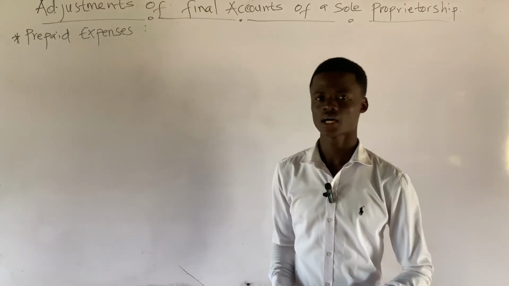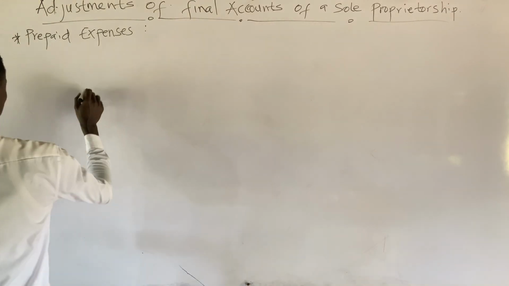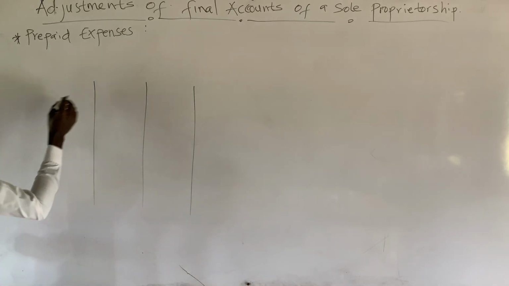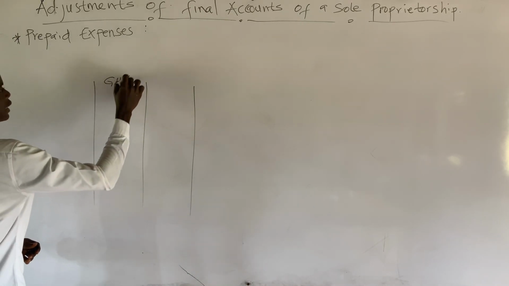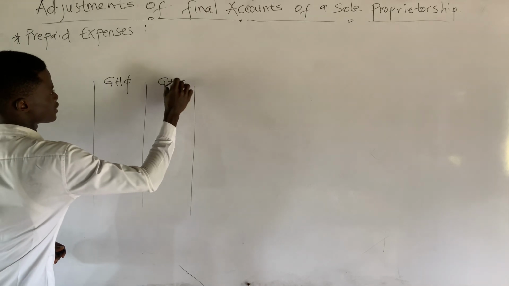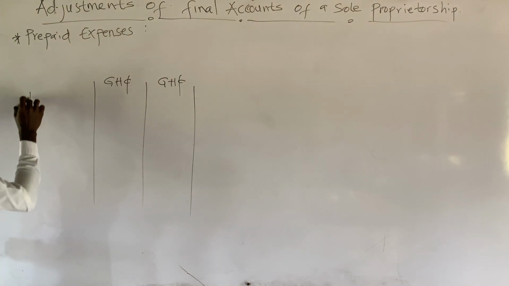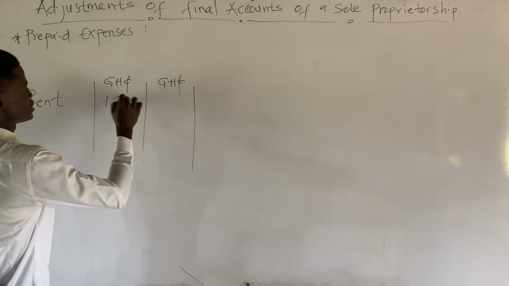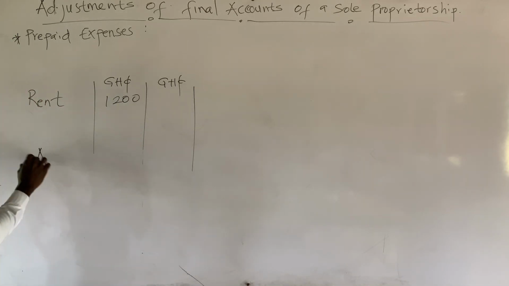So let's take this to be our trial balance, this being our debit side and our credit side. So we have rent here. On the trial balance, we have rent of 1,200 cedis.